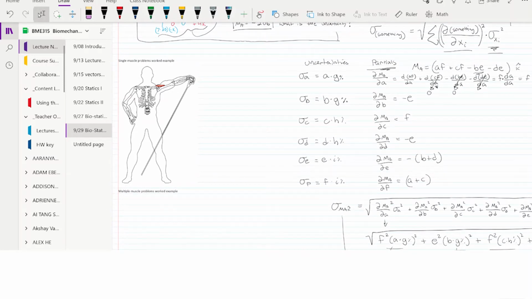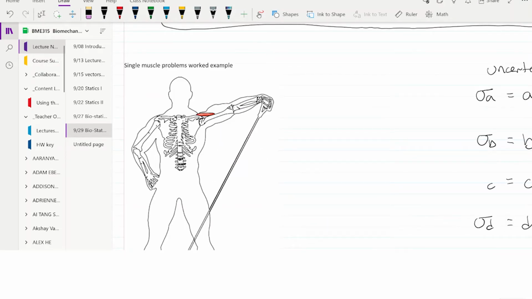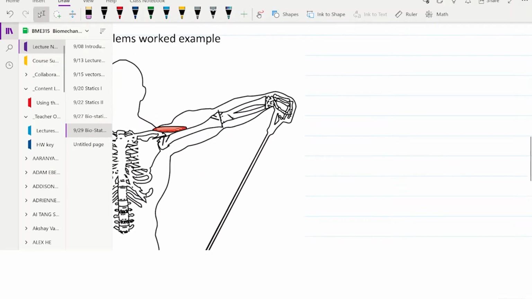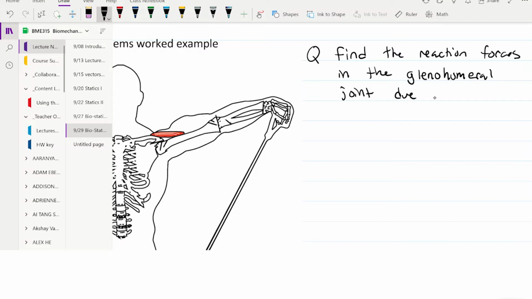All right, so now let's move on to this whole single muscle problem. All right, so let's say the question is: find the reaction forces in the glenohumeral joint due to delt cable rays.